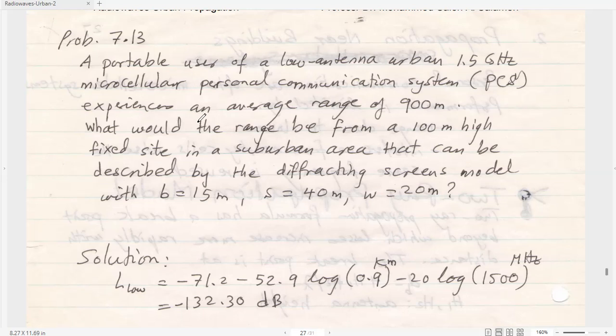What would the range be from a 100 meter high fixed site in a suburban area that can be described by the diffracting screens model? This is the model that we described at the beginning of the chapter, with B, building height 15 meter, and separation between buildings 40 meter, and W, the distance between the last building before the mobile and the mobile, is 20 meter. So the mobile lies midway between two buildings.